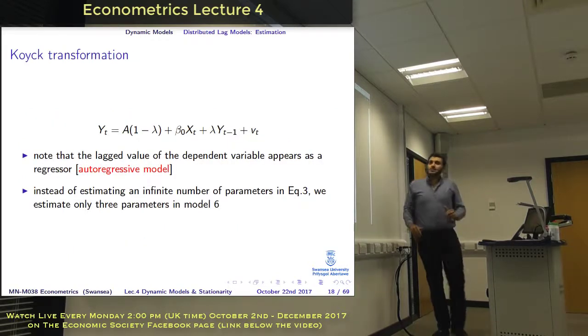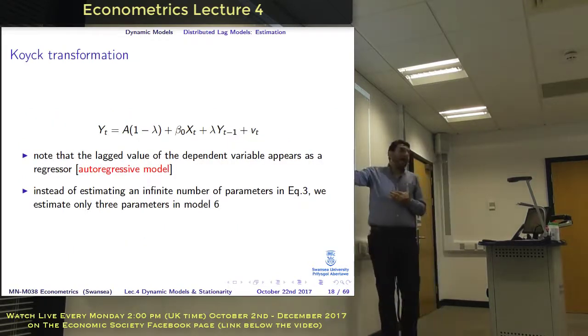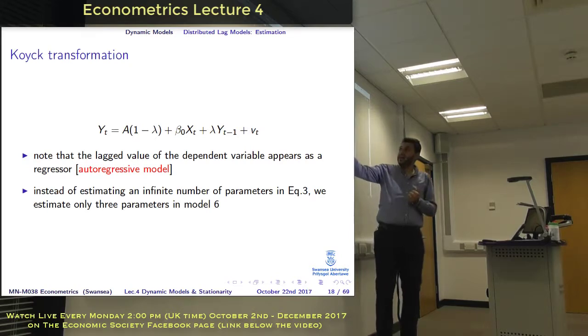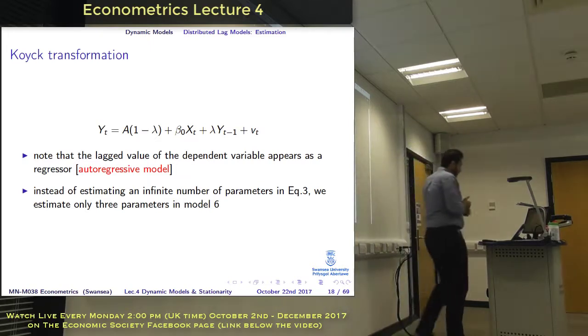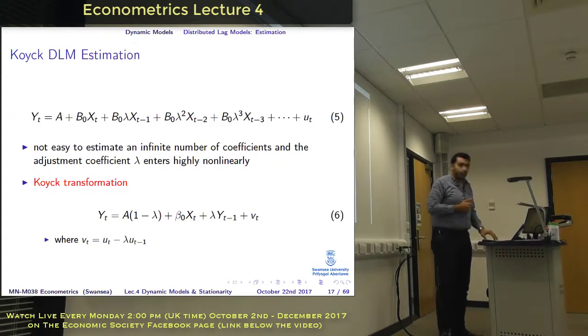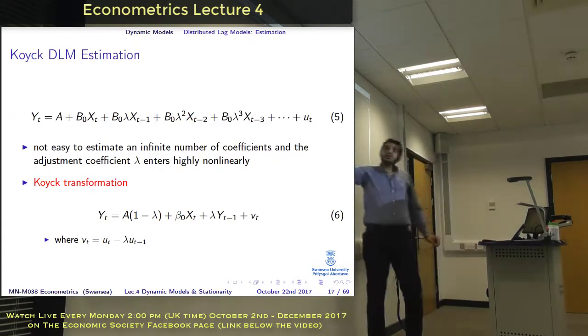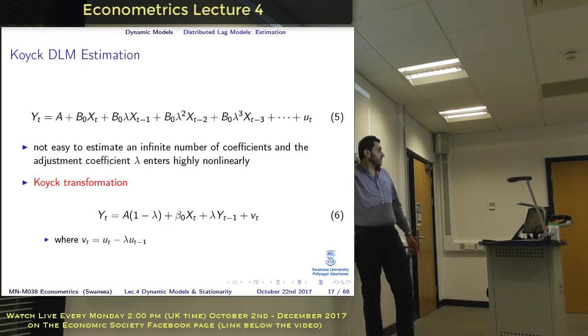If you notice now, we have the dependent variable in lagged form, the first lag, on the right-hand side. We didn't have this with the distributed lag model. If I go back to this equation, you don't see yt minus 1 on the right-hand side.